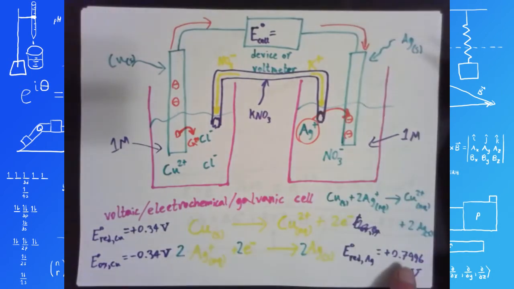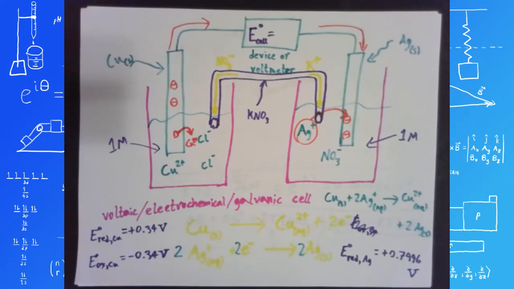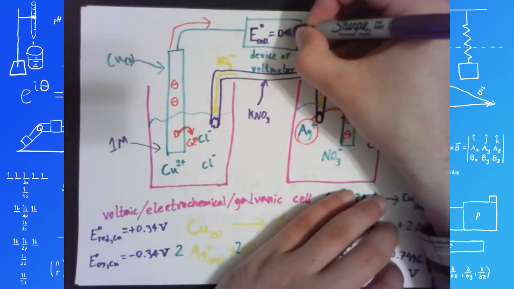So in this case, positive 0.7996 plus negative 0.34 is going to round to positive 0.46 volts.